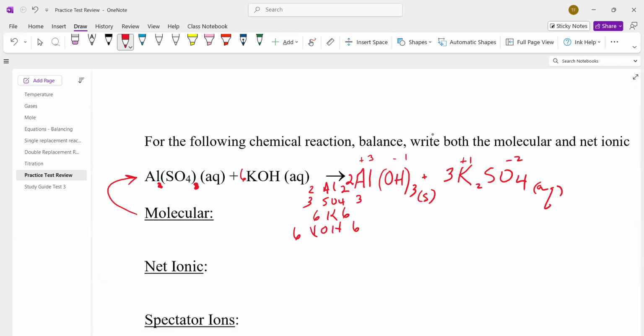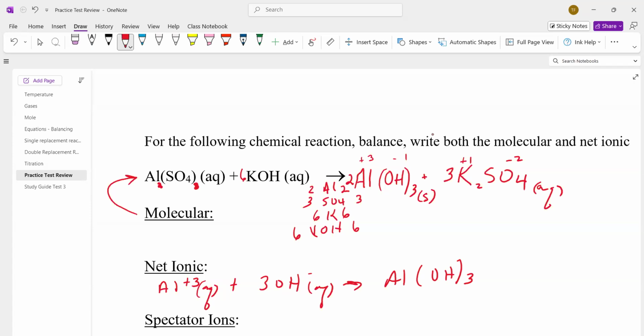Now, did anything happen? Did we form a solid? Yes or no? If we did form a solid, we have a net ionic equation. So to make the net ionic equation, we need aluminum and we need hydroxides. So that's the net ionic equation.